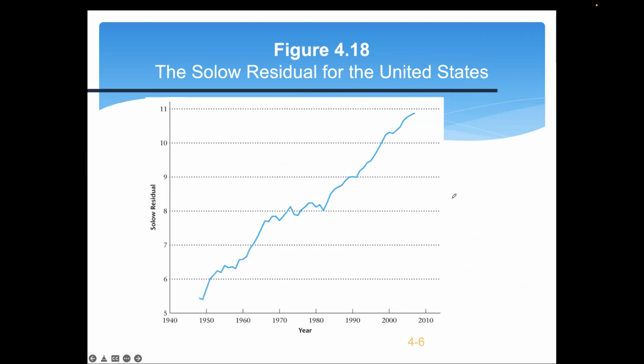This graph just shows you Z. Remember, Z equals Y divided by the product of the K and N terms. And Z is measuring the quality of our production. But economists like to call Z the Solow residual for two reasons. Reason one, it is named after Robert Solow, who won the Nobel Prize for his contribution in understanding economic growth.